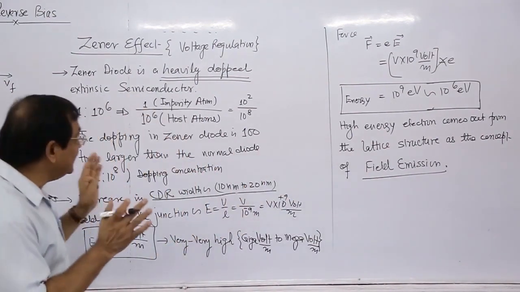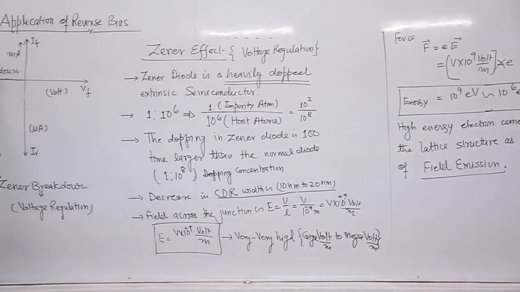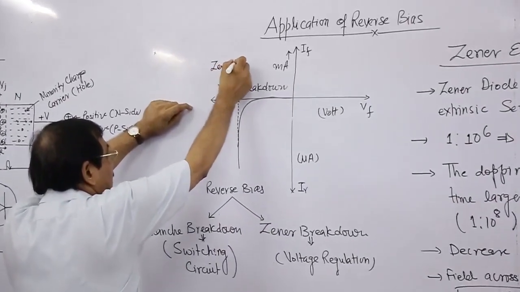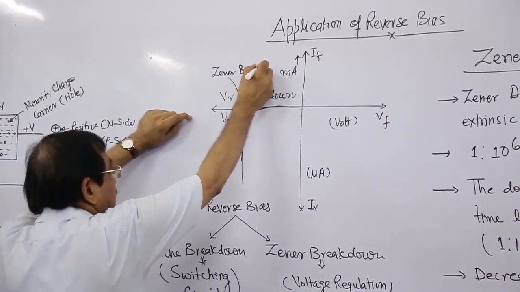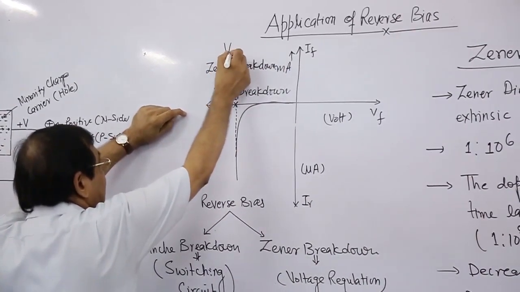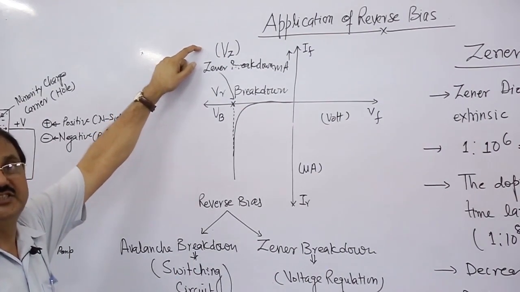This is the peculiarity of the Zener diode, and the breakdown here is Zener breakdown, symbolized as Vz.